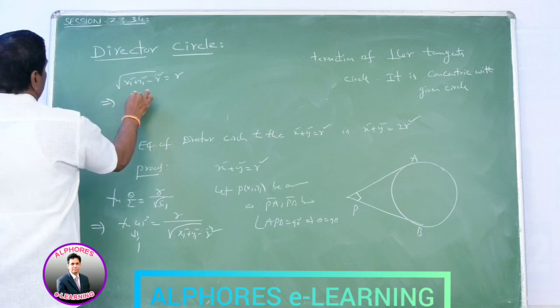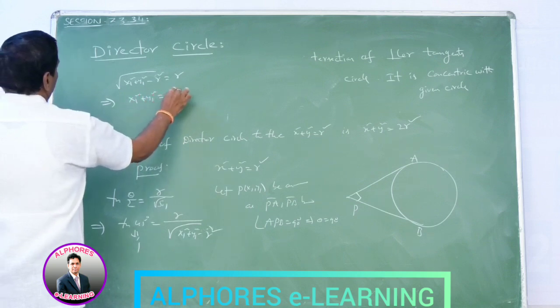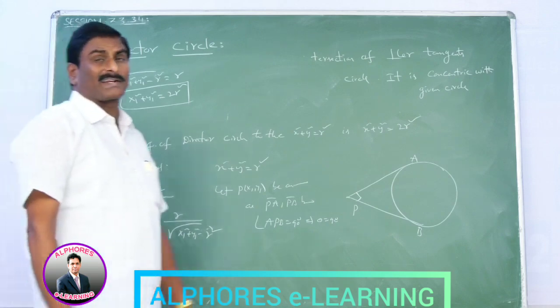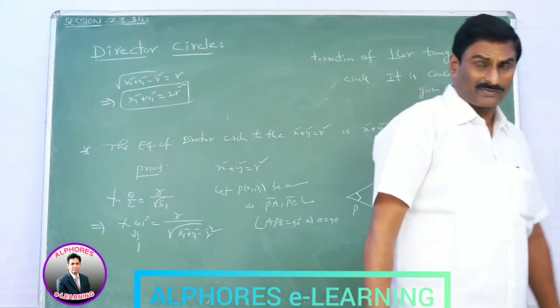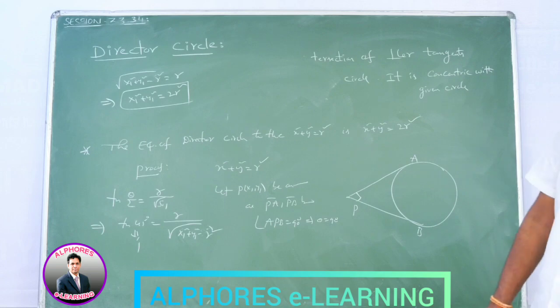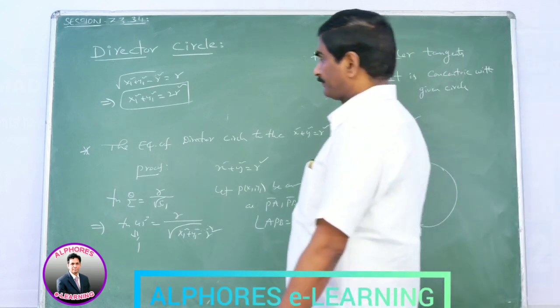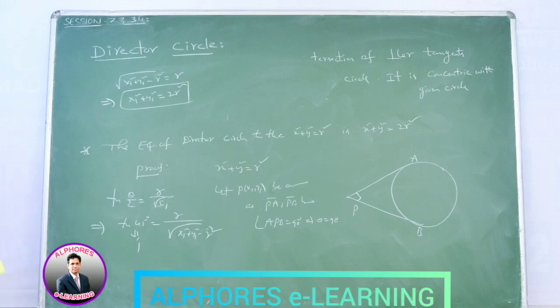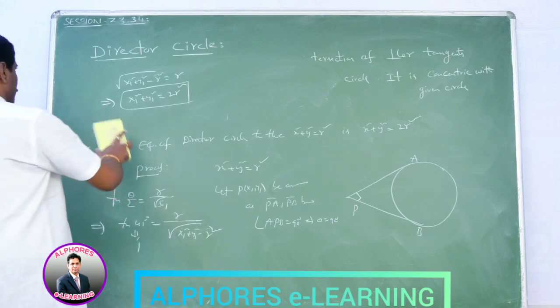Squaring on both sides, x1 square plus y1 square is equal to 2r square. Therefore the required locus, that means the equation of the director circle, is x square plus y square is equal to 2r square. Here the center of the director circle is (0, 0) and the radius of the director circle is root 2 r. Next.